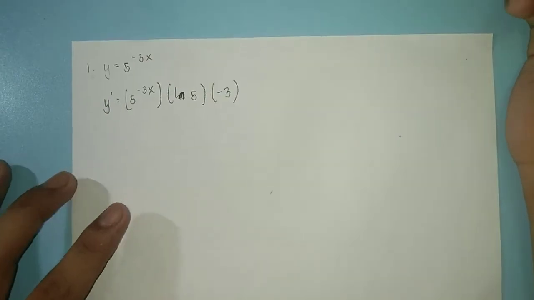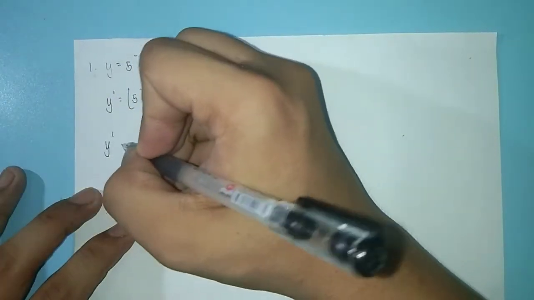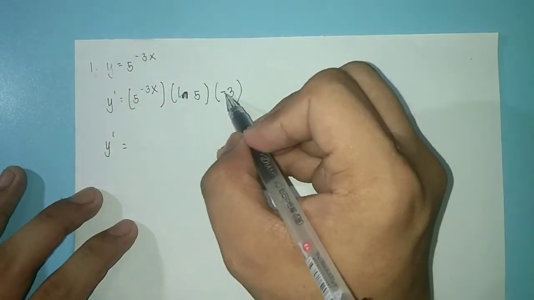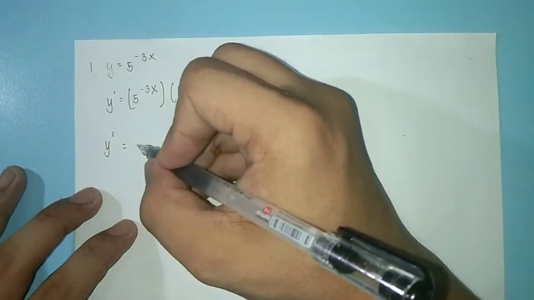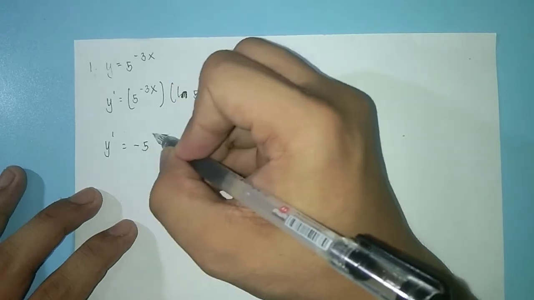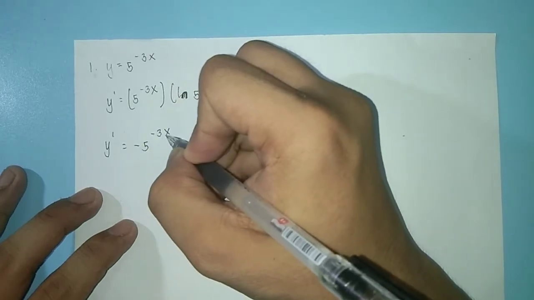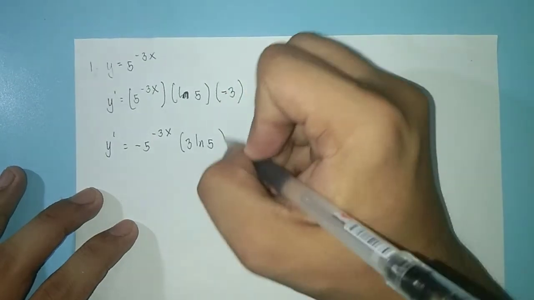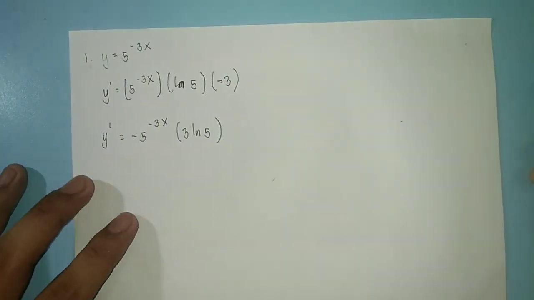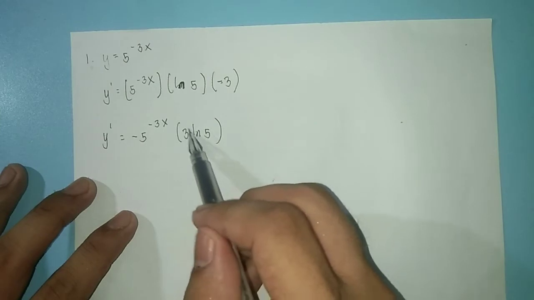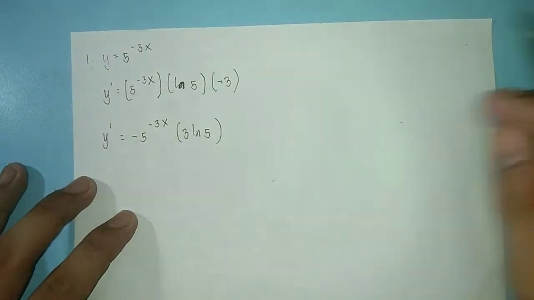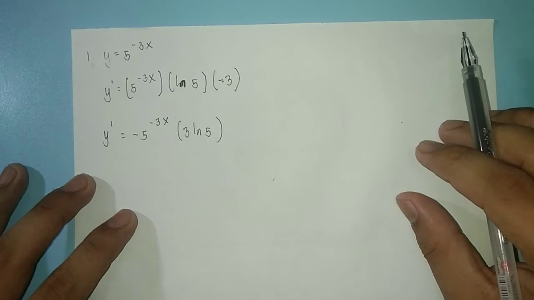Okay? Then, this is equal to, so y prime equals, pwede nating ayusin to, yung negative, ilagay natin sa unahan, so negative 5 raised to negative 3x, then 3 ln 5. Okay? So, kapag ganito, nakita nyo na merong constant sa likod ng natural logarithm, so gagamitan lang natin yan ng property ng logarithm.